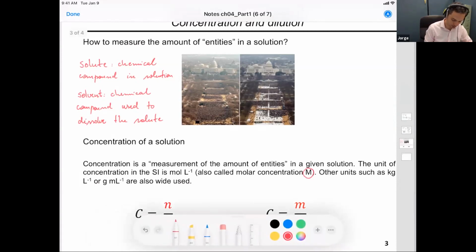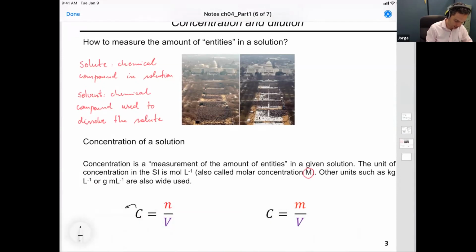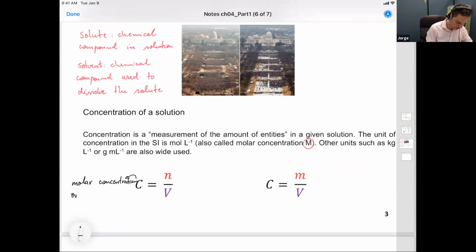So if we look here at the equation, C means molar concentration, or also called molarity. The units are always going to be mole per liter, okay?